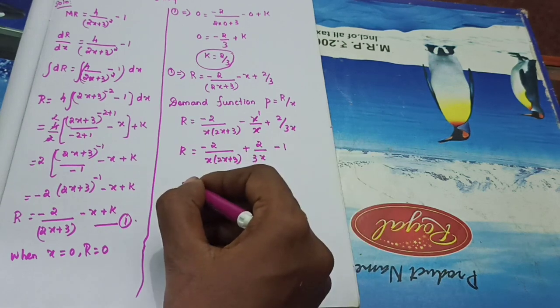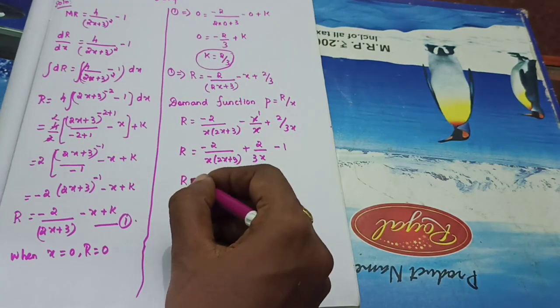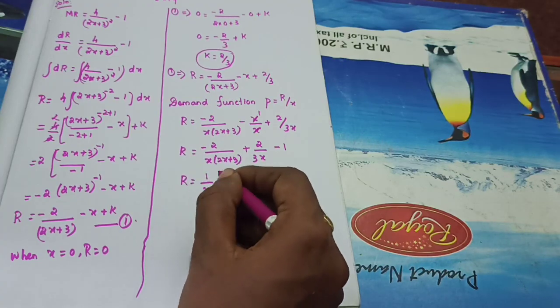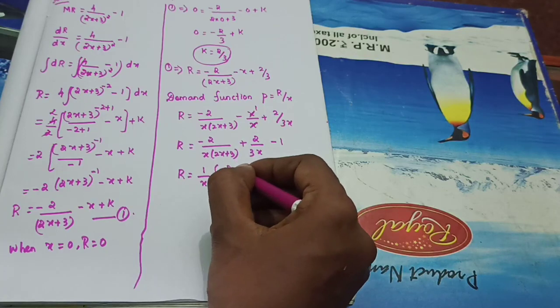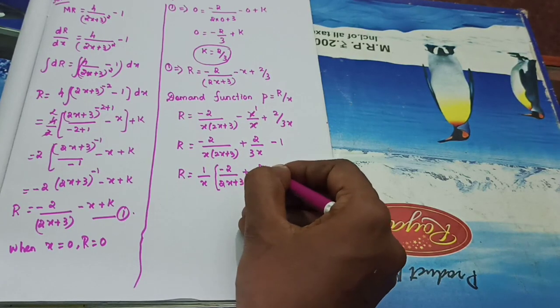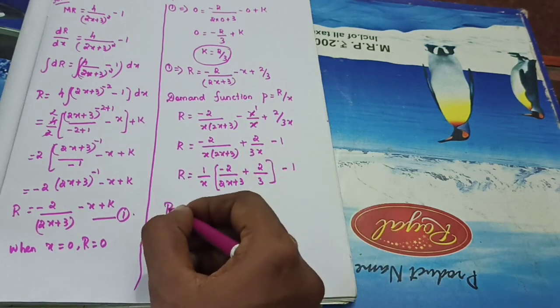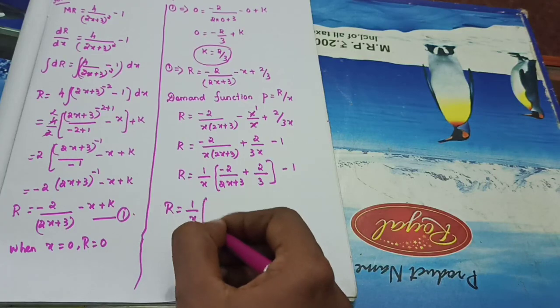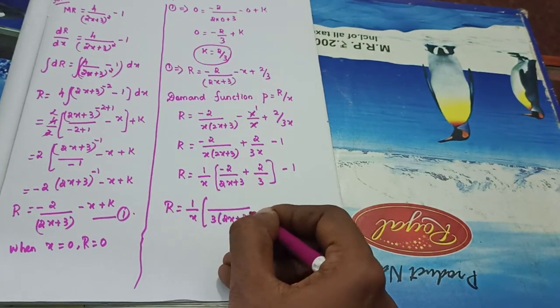So can we take anything common? Yes. So 1 by x you can take common in the first two terms. So minus 2 by 2x plus 3 plus 2 by 3 minus 1. So take the LCM. 1 by x into 3 into 2x plus 3 is the LCM.